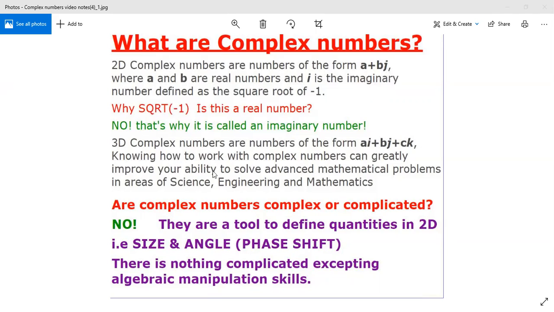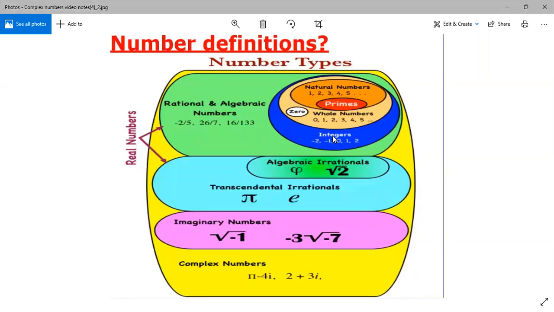Complex numbers are not complex, providing you understand the rules of algebra. Real numbers includes integers, whole numbers, fractions, and so on. Imaginary numbers are the square root of negative numbers.